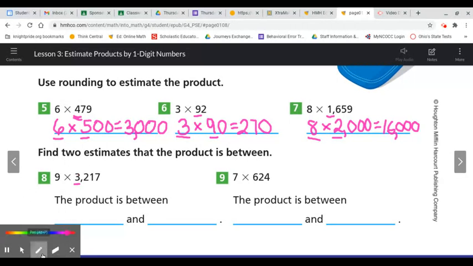So we would be trying it both of those ways to get 2 different products for where it would be in between. So we need to solve 9 times 3,000. And then if we would round it up, it would be 9 times 4,000.